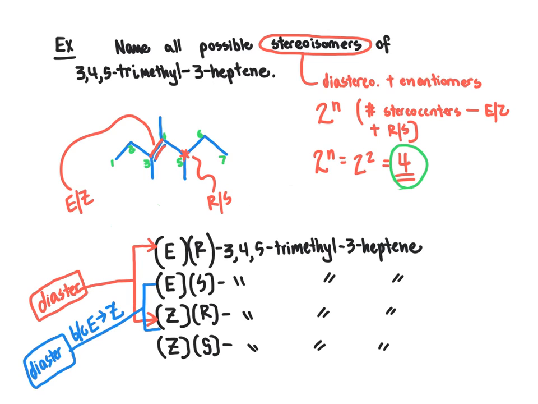We come up with a couple of diastereomers here. What are two that we could pick out that would be enantiomers? Well, enantiomers are going to keep the stereochemistry of the alkene group the same, but change all the R's to S's or S's to R's.